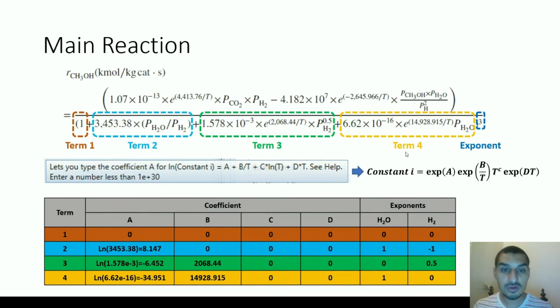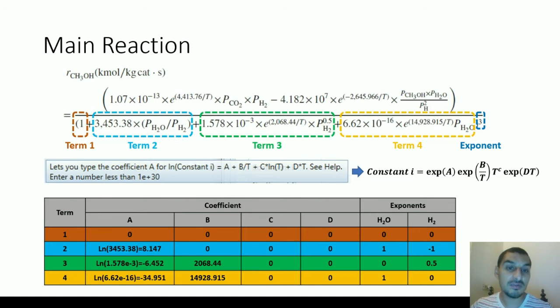And our fourth term is going to be the same. The ln of this is going to give us the term A for term number 4. And this 14928 is the coefficient B for term number 4, with no C and D, and the exponent of water is 1 with no other partial pressures.